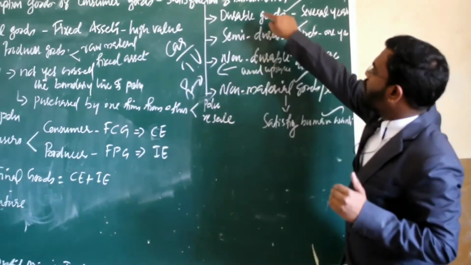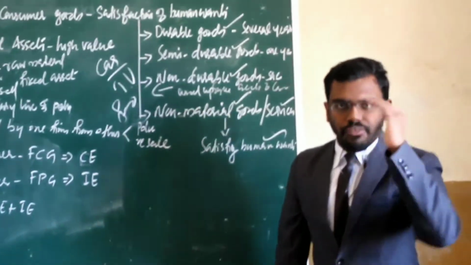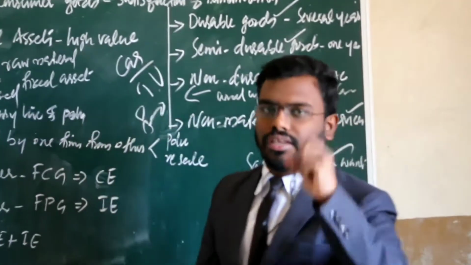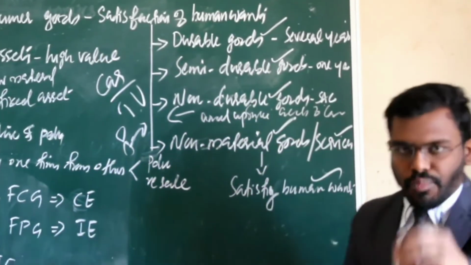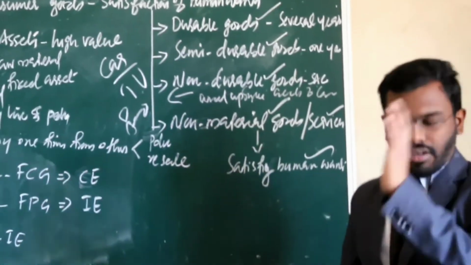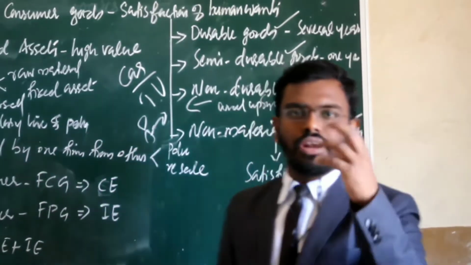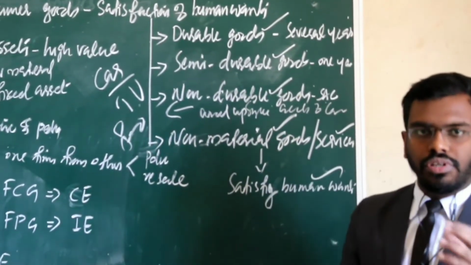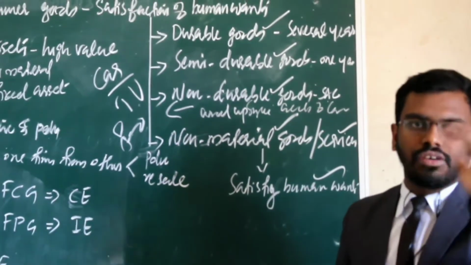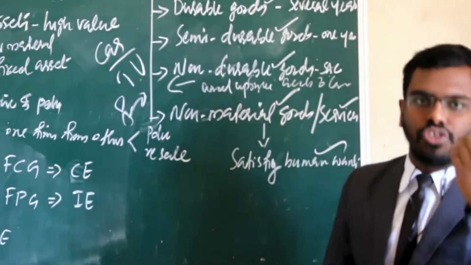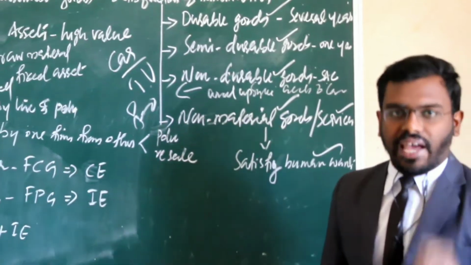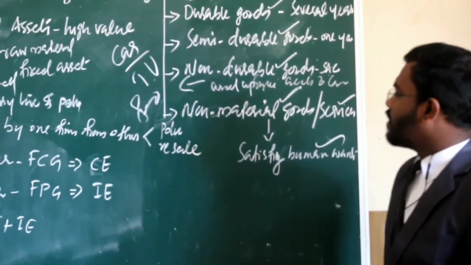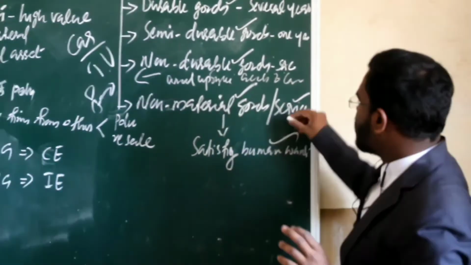Once again, durable goods are the goods which we can use for several years. Second, semi-durable goods are the goods which we can use for at most 1 year. Next, non-durable goods are exhausted by a single act of consumption. Next, non-material goods or services.